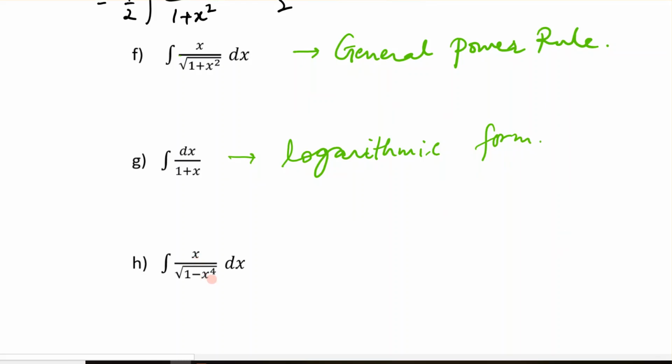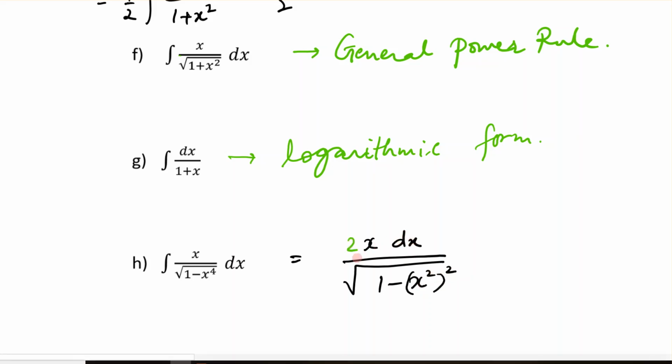Similarly, if we look at this one, we have 1 minus a perfect square, and we can make the differential of that on the top. So I'm just going to rewrite this as x dx, and instead of writing 1 minus x raised to power 4, I'm going to write x squared whole square. So we notice that this is like function square, and we can make the differential of the function on the top.